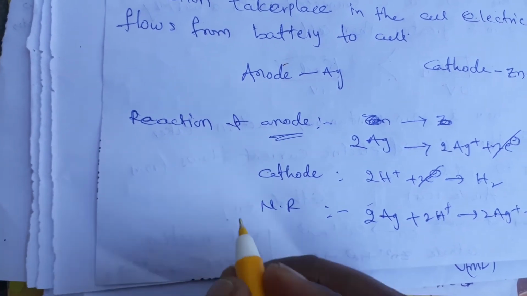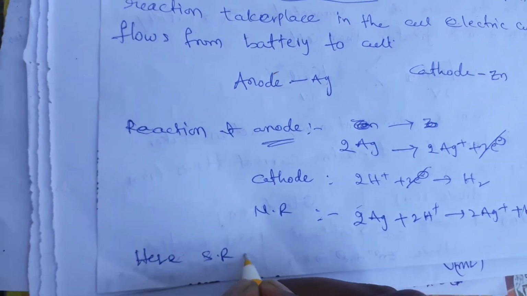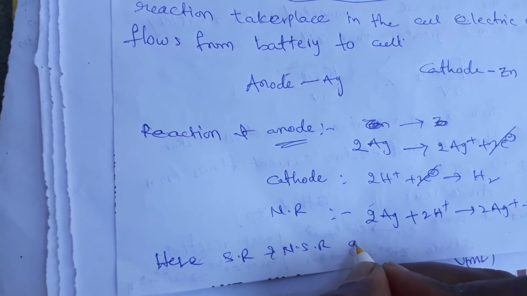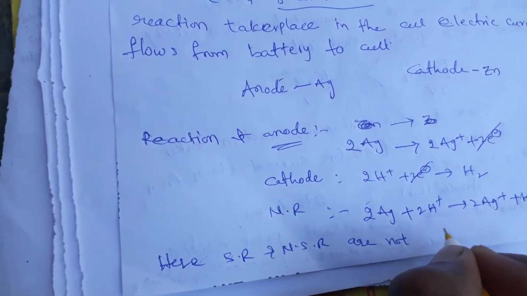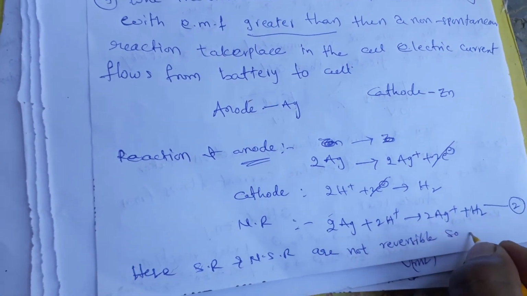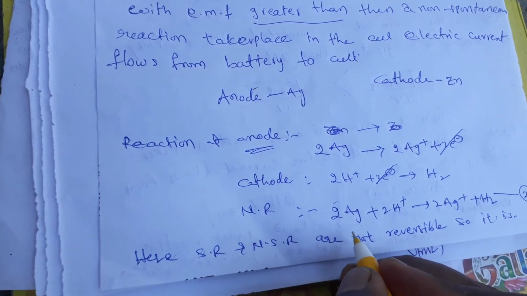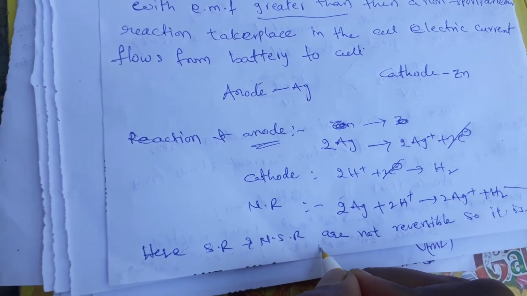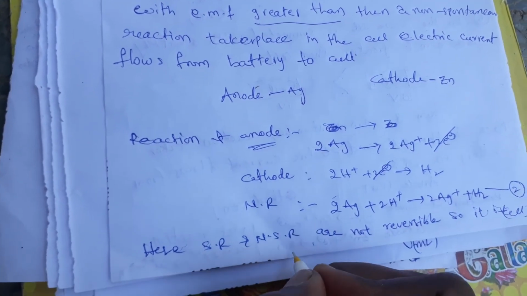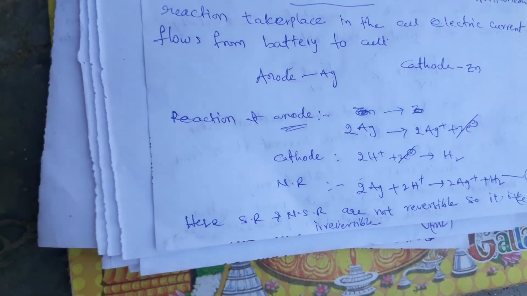Here the spontaneous and non-spontaneous reactions are not reversible. So this cell is an irreversible cell.